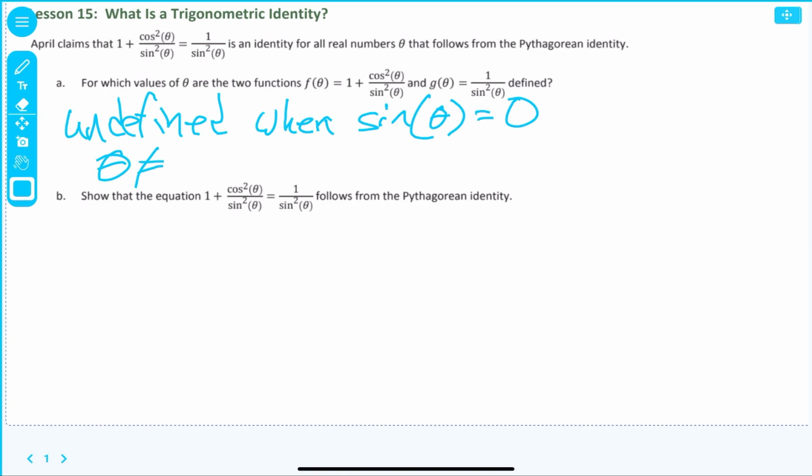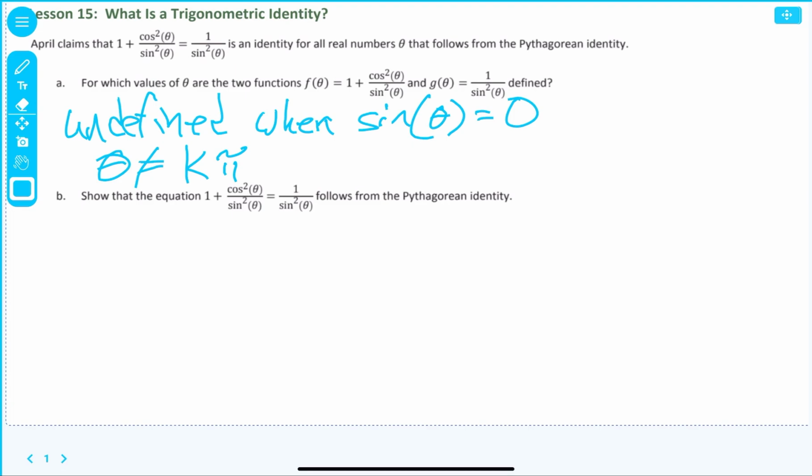So how would we write that as far as radians? We would say theta cannot be k pi. Any number of pi's. It can't be 1 pi, it can't be 2 pi, it can't be 3 pi, it can't be 4 pi. It can't be any multiple of pi. Does everybody see that? That's when your sine is 0.